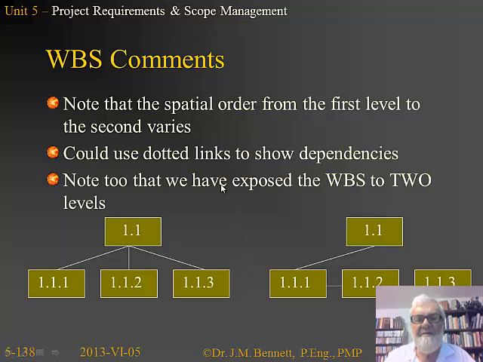Now the spatial order of going from one level to another can be used in different ways. One way is to basically arbitrarily say, okay, this is level 1 and this is a breakdown into sub-level 1 here. Or we could indicate it like this, indicating that this element has to be done before this, and this has to be done before this.